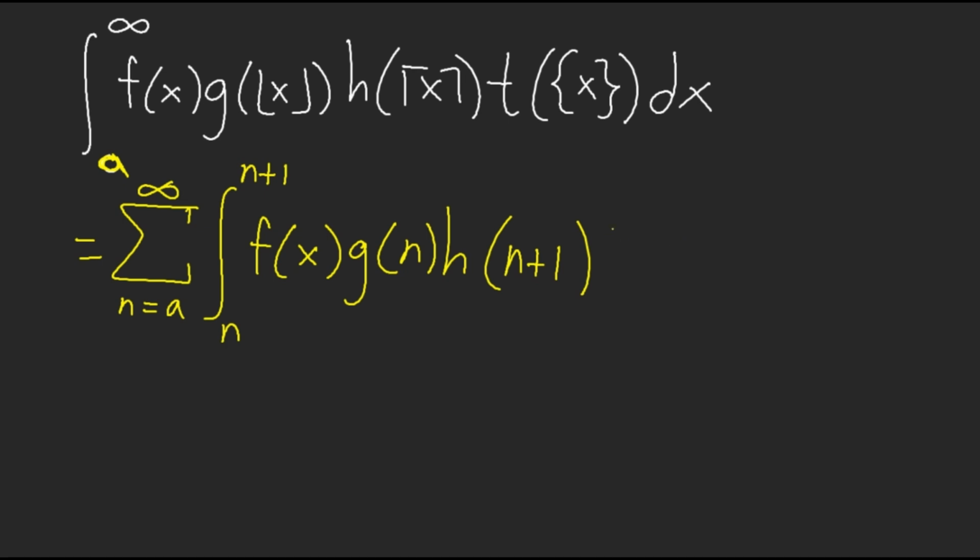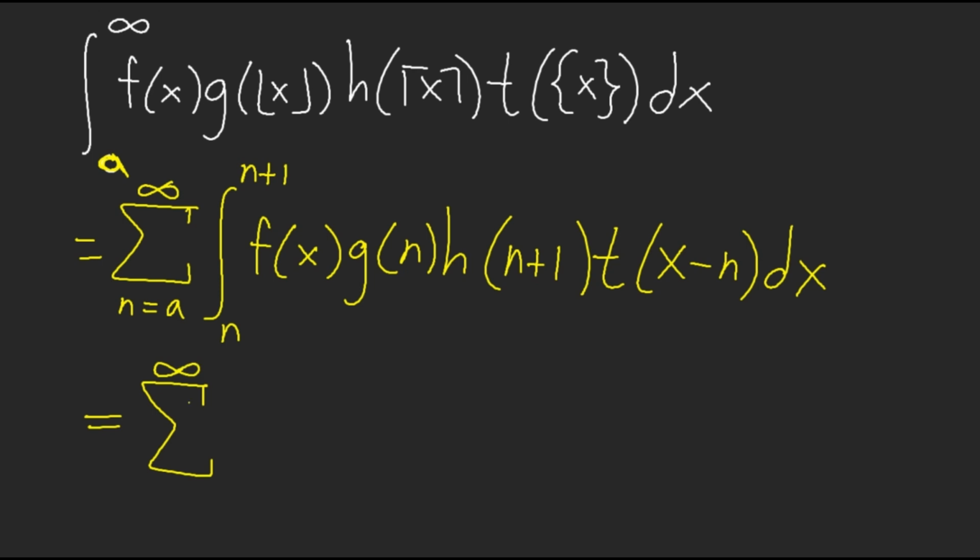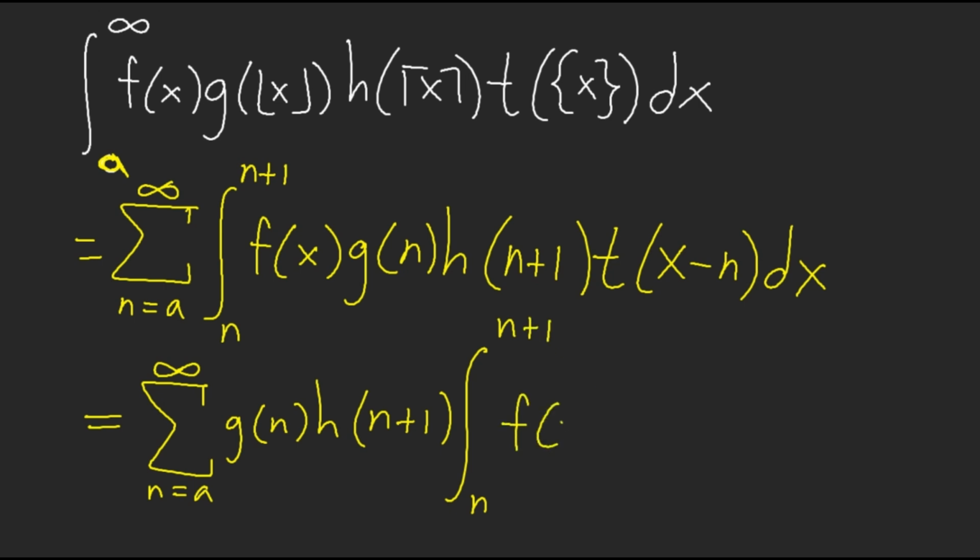So pretty much we're turning these functions in terms of floor functions. So like this here, t, would now be x minus n. And so now this whole integral looks like this: the integral from n to n plus 1 of f of x, t of x minus n, dx.